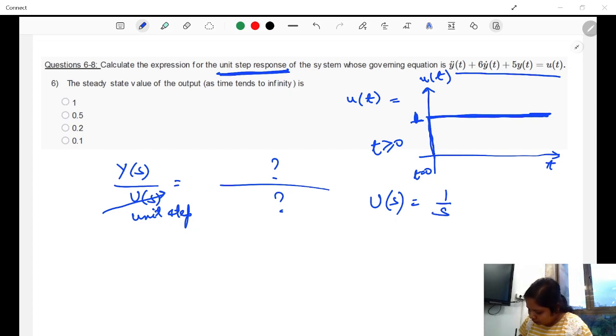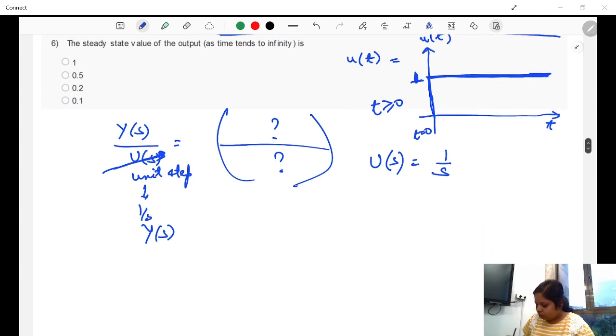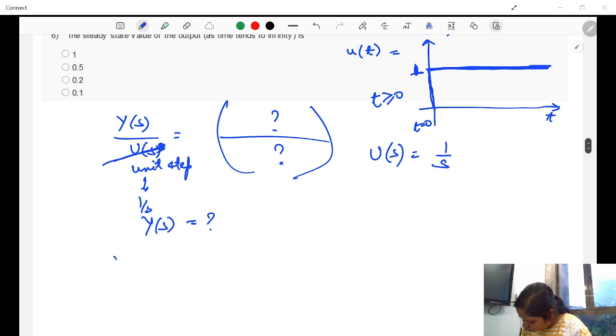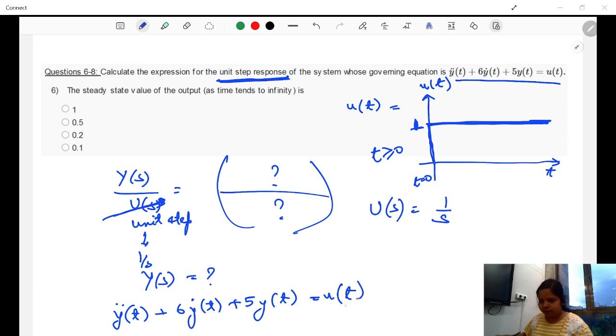So this Us would now be 1 upon s, and it goes on the right-hand side, multiplied with this term, so that you get Ys. This is what we are going to do now. So what is the differential equation? I want all of you to solve with me. Y double dot t plus 6y dot t plus 5yt is equal to ut.